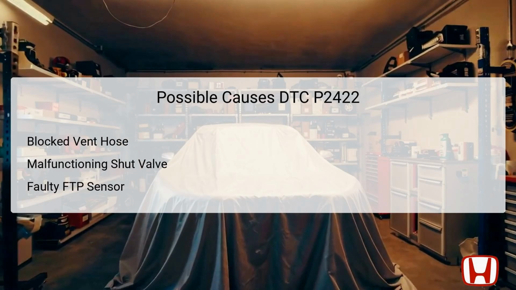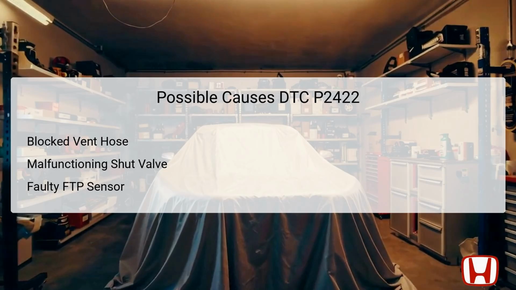Several factors may contribute to the triggering of the DTC P2422. First, a blocked EVAP canister vent hose can obstruct the flow necessary for the proper operation of the EVAP system. If this hose is restricted or blocked, it can cause pressure buildup, leading to system malfunctions.